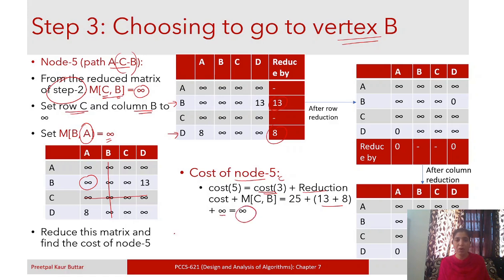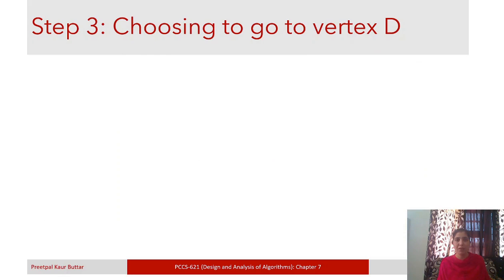So the overall cost is infinity. It means we cannot go from C to B. Okay, now let us explore the second option at step 3, which is choosing to go to vertex D.